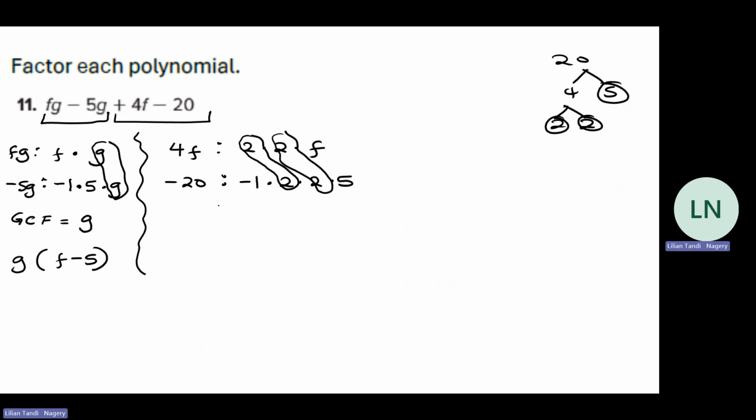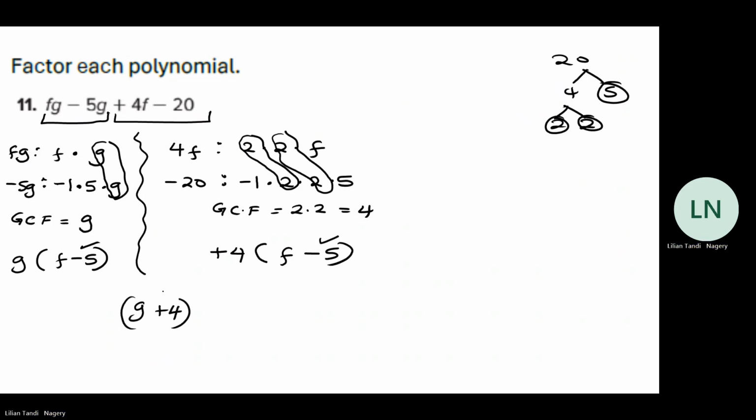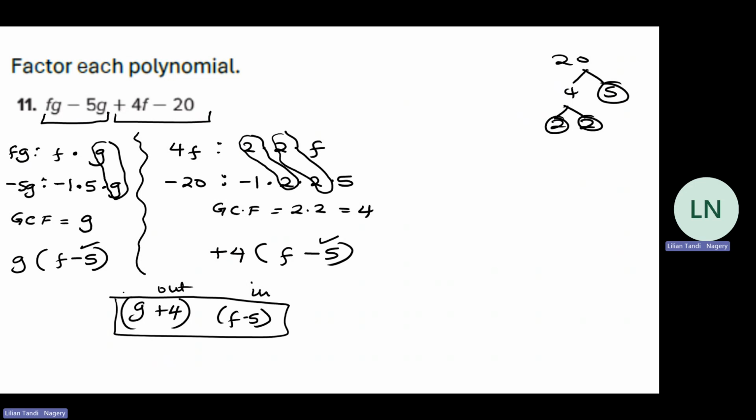So I say greatest common factor is 2 times 2, which is 4. 4 outside. I am left with 5 minus f. My insides are the same. This 4 is positive. So g plus 4. Those are my outside. And my inside is f minus 5. And I box my answer.